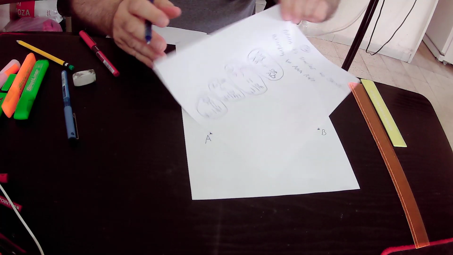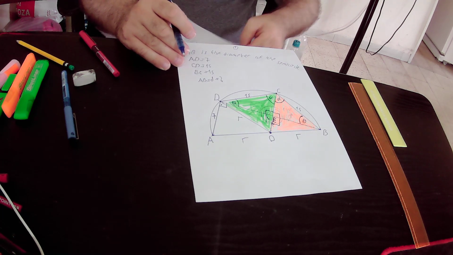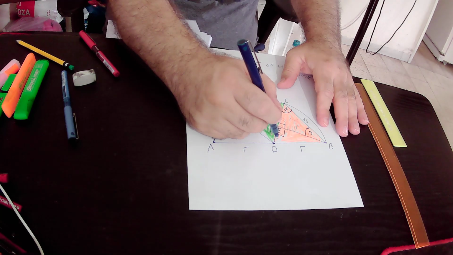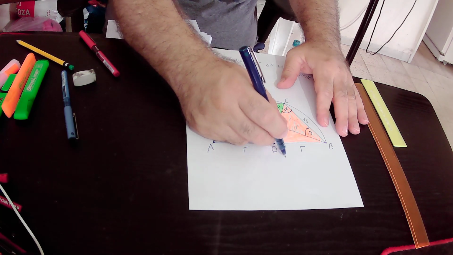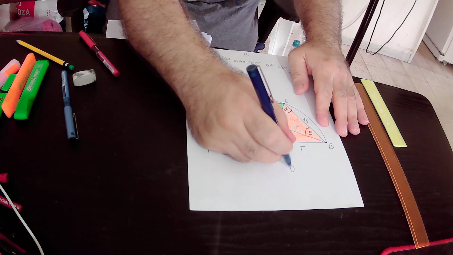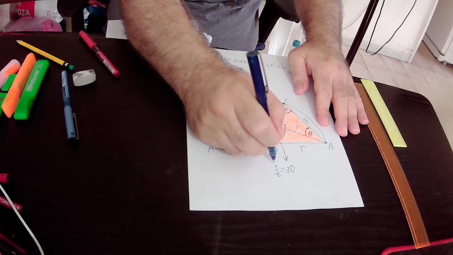OE equals 7 over 2 units, so we can write here that OE equals 7 over 2 units.